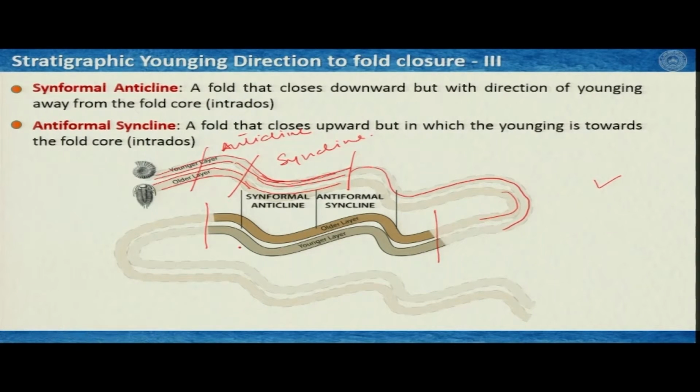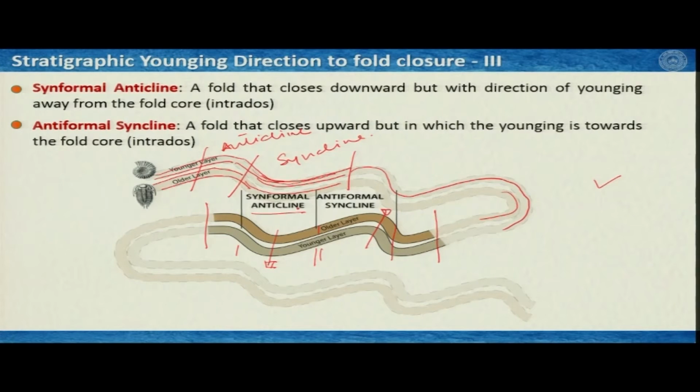In that case, this structure is a synform because it is closing downwards, it is closing this way. The structure next to this, the folded structure, is an antiform because it is closing upward. However, we see that in this synform, the younger layer is away from the fold core. So this is actually an anticline.